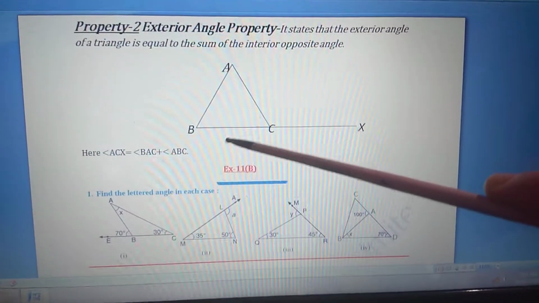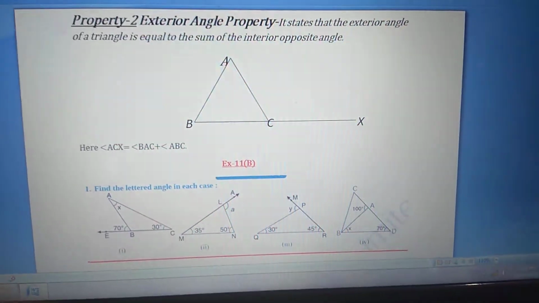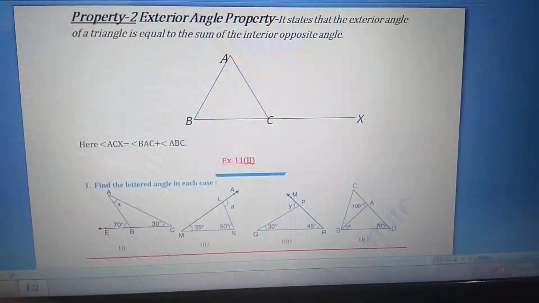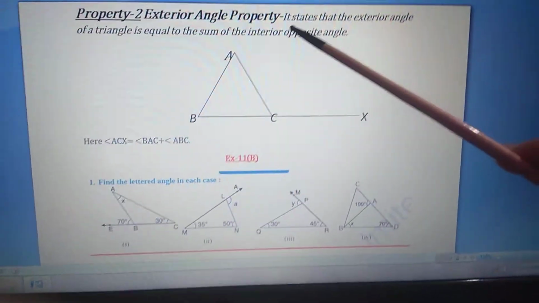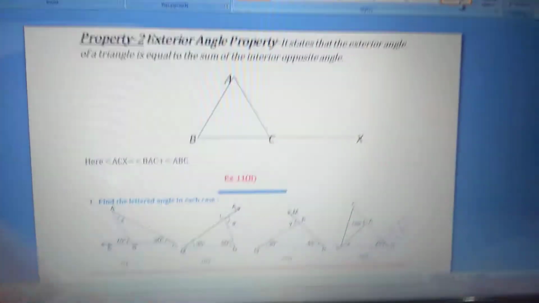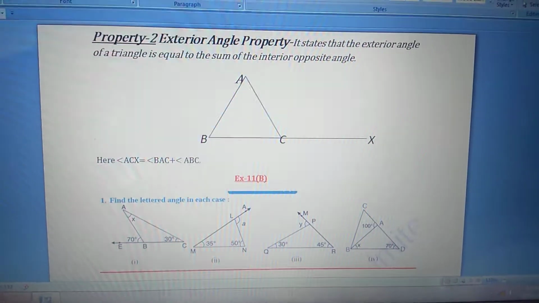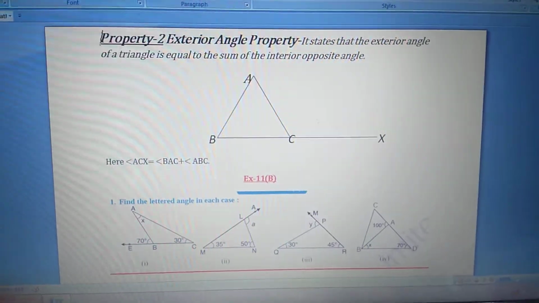Interior opposite means not adjacent to the exterior angle. So the property says the exterior angle of a triangle is equal to the sum of the interior opposite angles. Okay, so now we will go to the exercise.